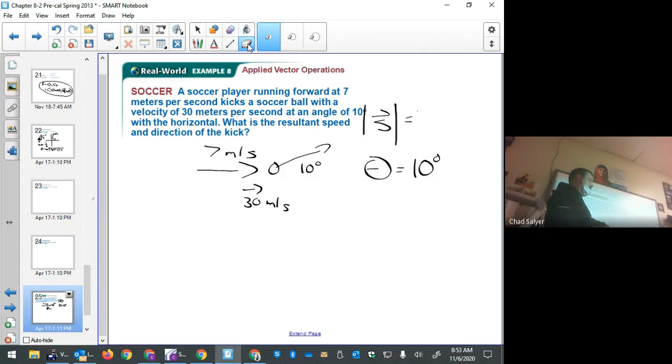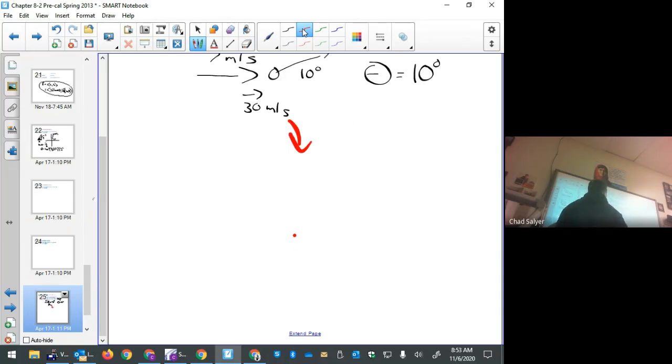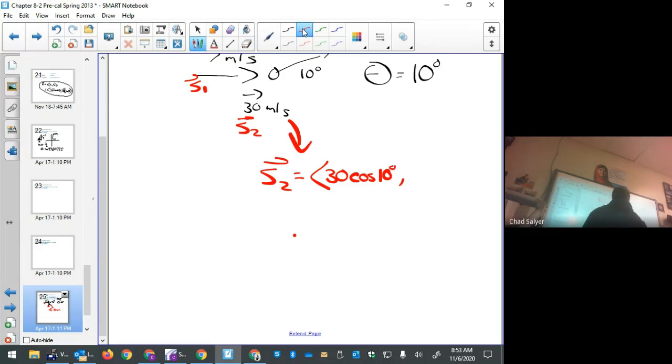We can't assume this. So this is 30 meters per second total. So this vector actually is going to be, we'll call this one S sub 1 and this one S sub 2. So S sub 2 is going to be like this.